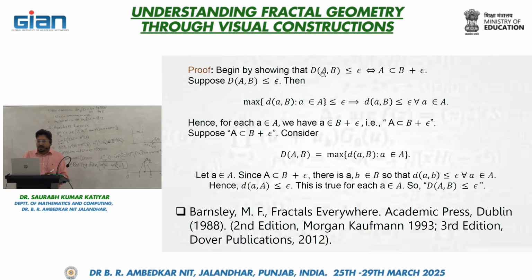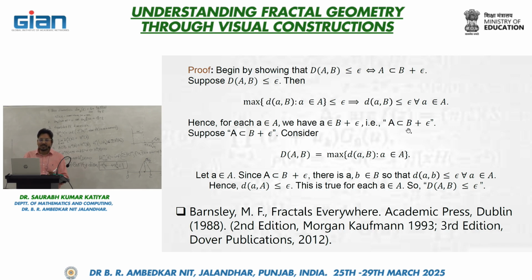Then you have taken d of AB less than or equal to epsilon if and only if A is a subset of B plus epsilon. Suppose d of AB is less than or equal to epsilon, then apply the definition of d of AB. What was the definition of d of AB? It is the maximum of d of a comma B such that a belongs to A, less than epsilon. If the maximum of something is less than epsilon, that means d of a comma B is less than or equal to epsilon for all a belongs to A. That means for each a belongs to A, we have a belongs to B plus epsilon.